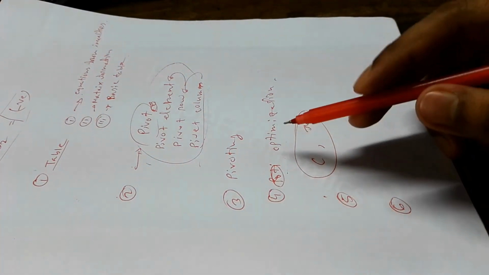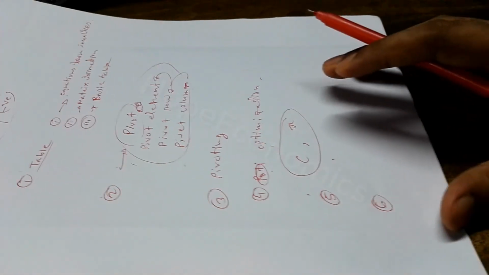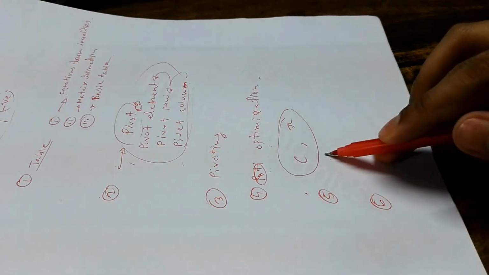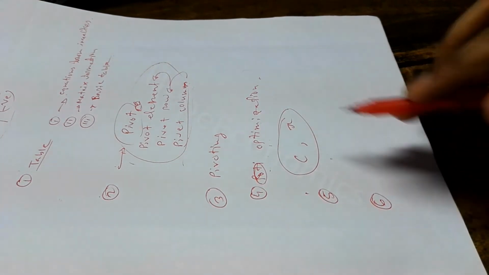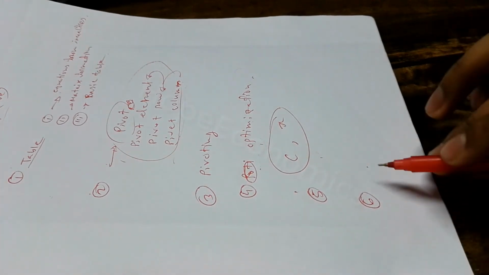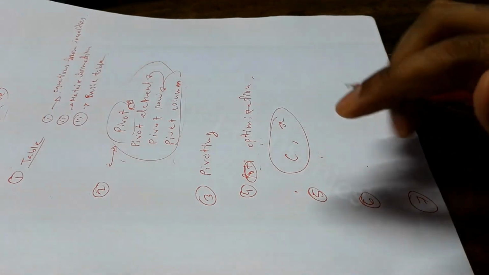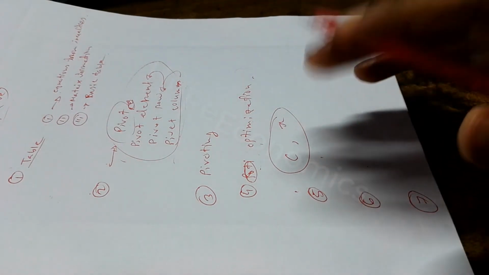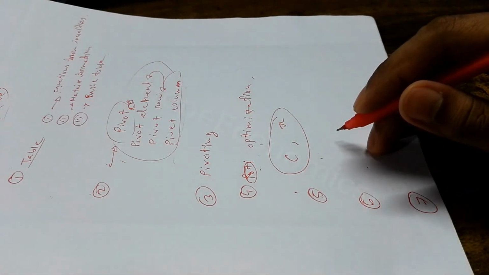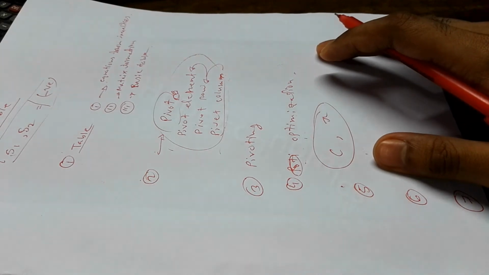If you couldn't find it in the 4th step, you have to go for the 5th one. If you fail to find the optimized, extreme value in the 5th step, go for the 6th one. And if you fail for the 6th one, go for the 7th one. We don't know where we are going to find the extreme value. So these are the basic things about a simplex algorithm.